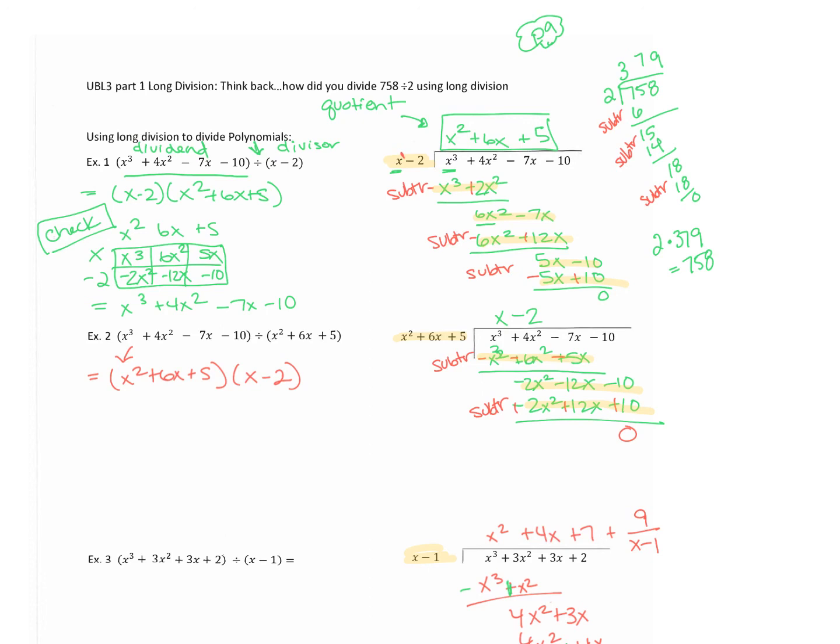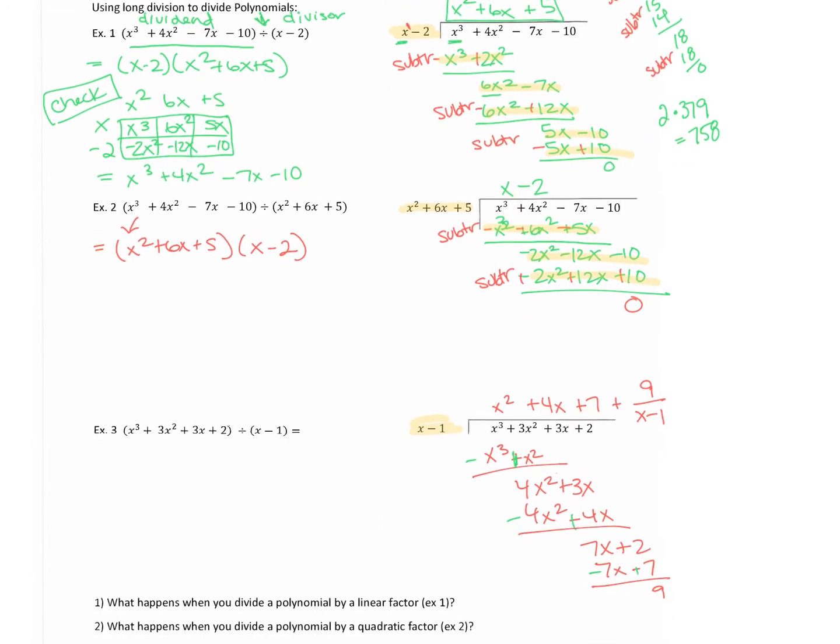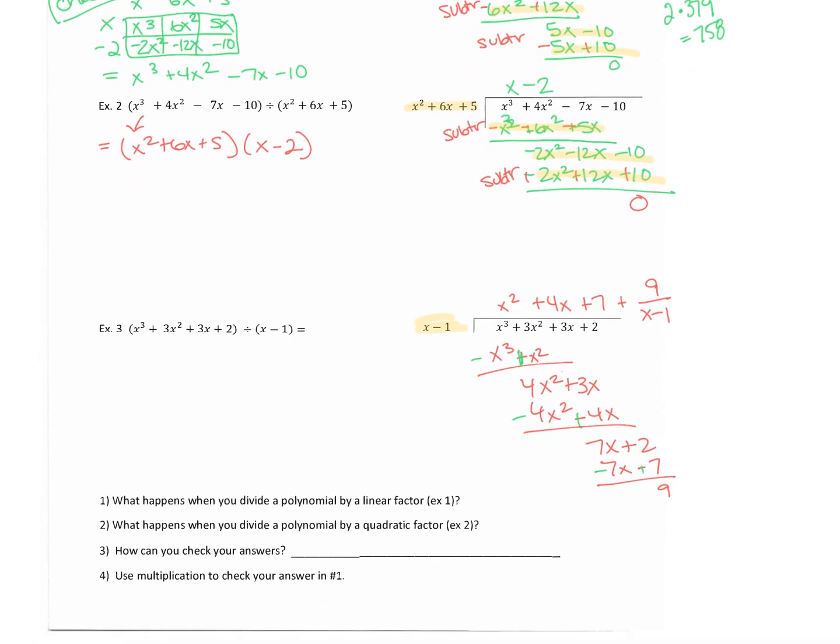So it looks like it went down by 1 degree. I divided by a linear factor, which has a degree of 1, and my quotient went down by 1 degree.